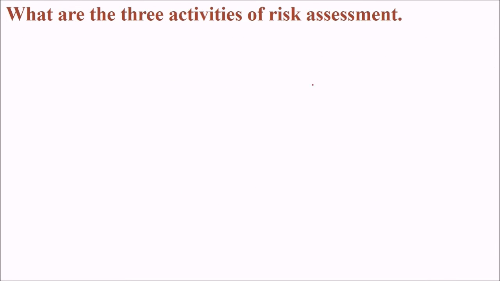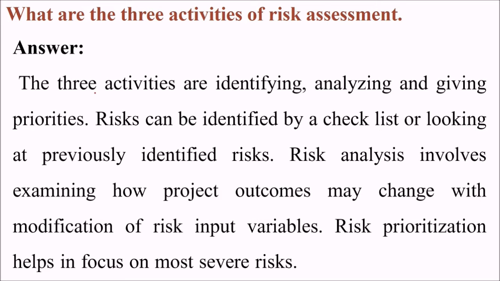What are the three activities of risk assessment? Risk assessment means first of all identifying the risk, then controlling, mitigating, and monitoring risk. All these are important aspects of risk assessment. So there are three activities: identification, analysis, and then prioritizing, that is giving them priority.